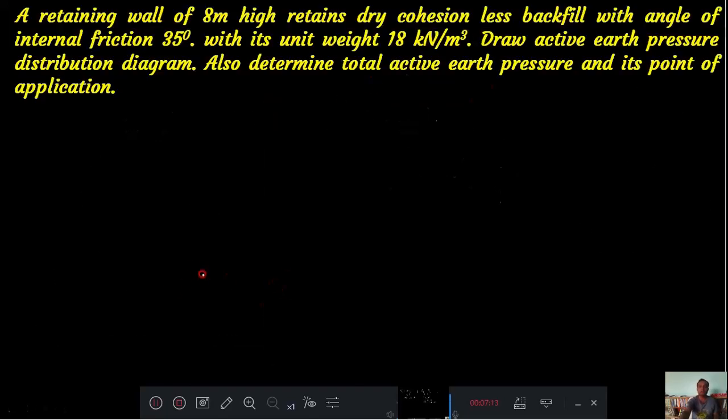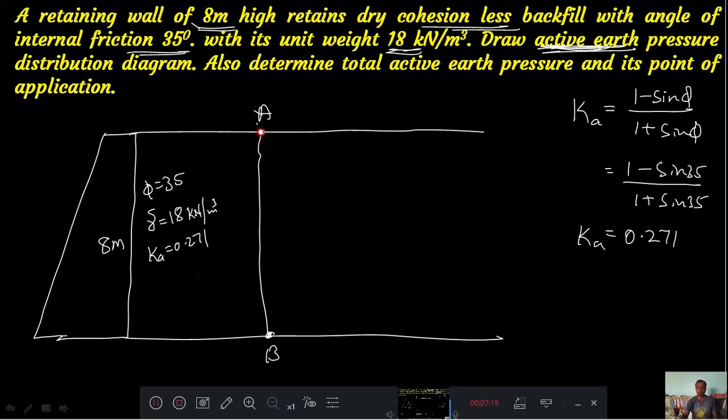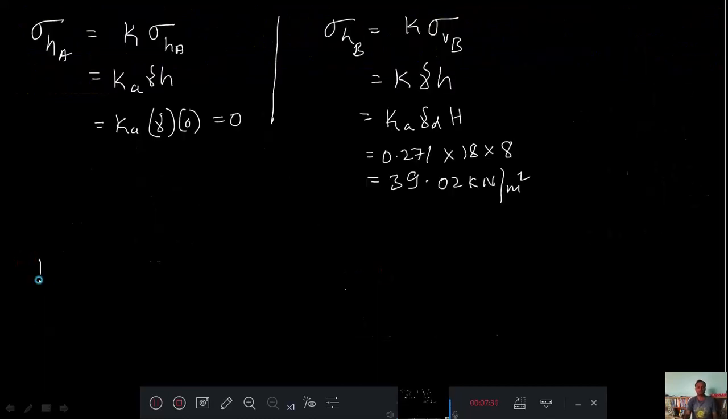Now I will draw the stress distribution diagram. This is my stress distribution diagram, and this is your 39.02. And now I want the total active earth pressure, that is capital P, and capital P is equal to half into base 39.02 into the height 8 meter.